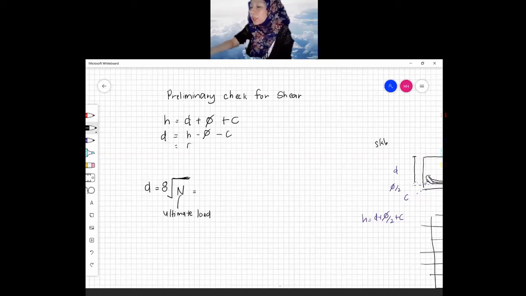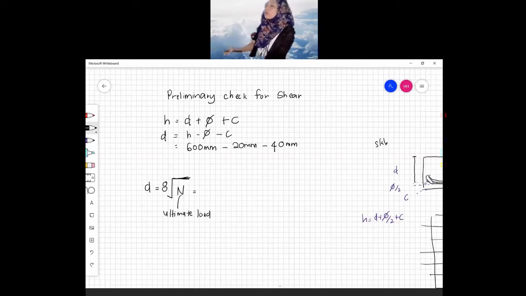So our H is 600 minus dengan bar size. Kita tahu dalam soalan request you pakai 20 mm. And the concrete cover. Kalau you nampak formula macam ni, obviously C tu memang concrete cover, bukan column width. Jangan minus 400. Okay, so here I dapat 540.